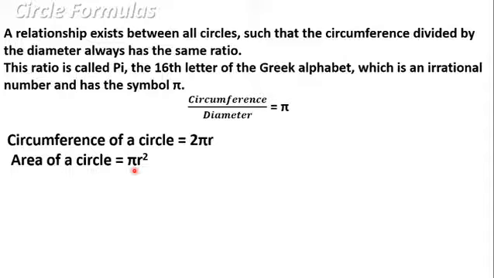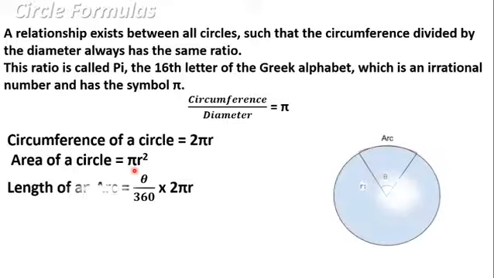But what about when we want to look at the length of an arc? Now we already said an arc is, if you look at this diagram, you can see this arc right here in red. The arc is a portion of the circumference of a circle. Now if you have an arc like this that subtends an angle at the middle, you can see that angle right here, theta.